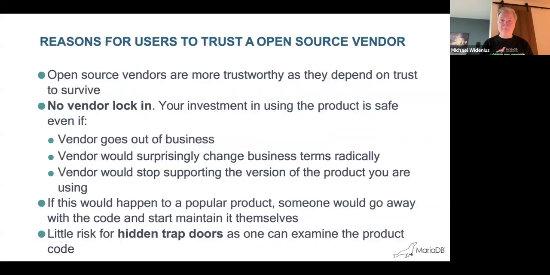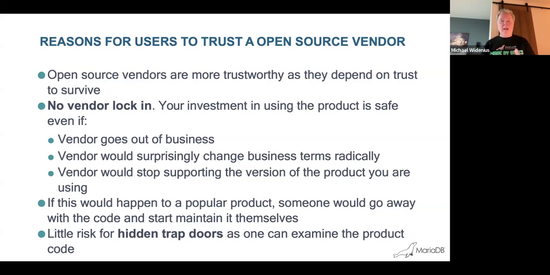Next slide. And so why do users and companies trust an open source vendor? There's no vendor lock-in. They know that even if you go away or disappear, they can still continue using your product and even continue developing it.